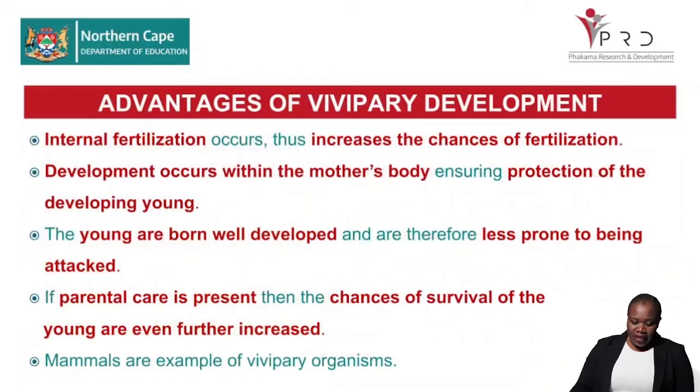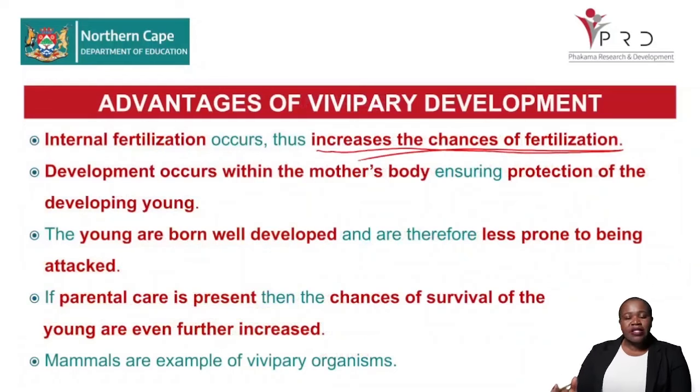Okay, internal fertilization occurs, thus increases the chances of fertilization. Just the chances of fertilization, before we even go to the chances of reproductive success. How is reproduction a success in this case? Just fertilization on its own, is it going to be successful, right? So it increases the chances of fertilization because we don't have an egg cell far away from the sperm cell.